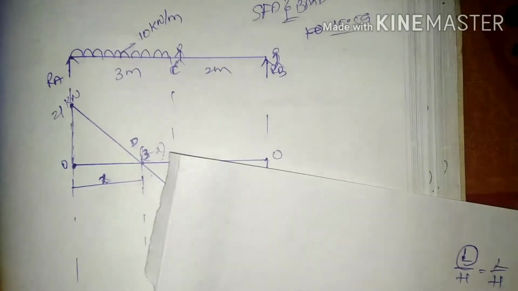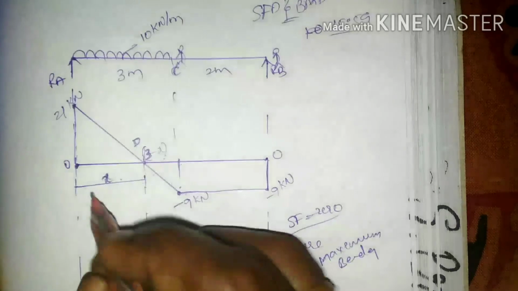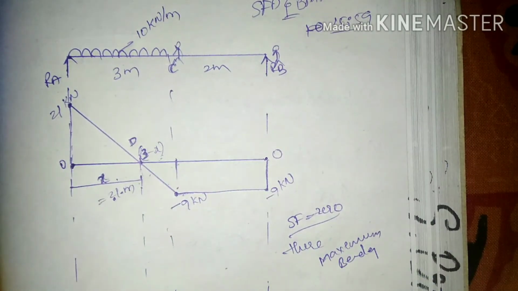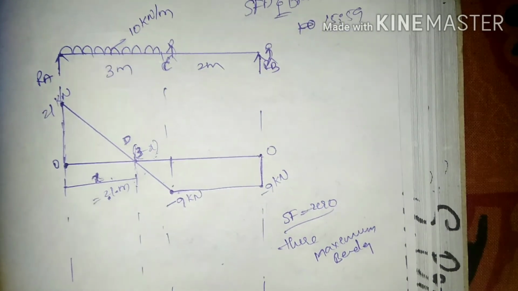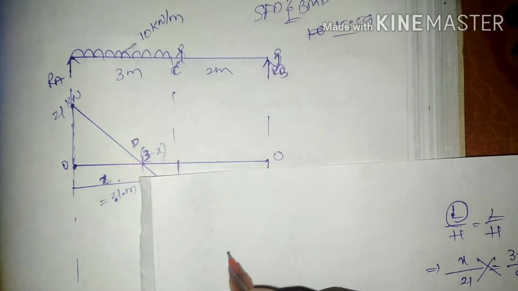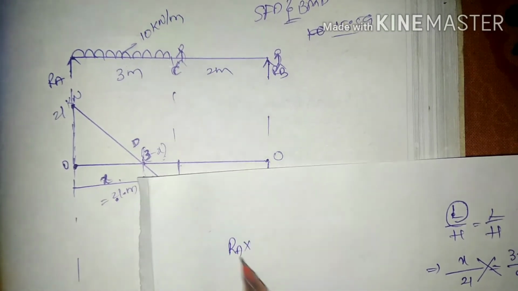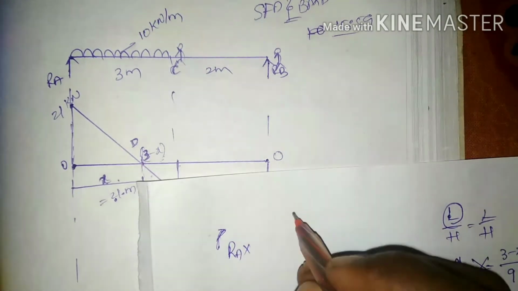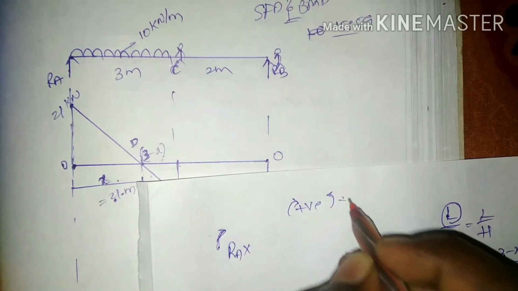Here the x will be 2.1 meters. If I want to find the moment for 2.1 meters, I am going to take moment from RA, so clockwise is positive, anti-clockwise is negative.